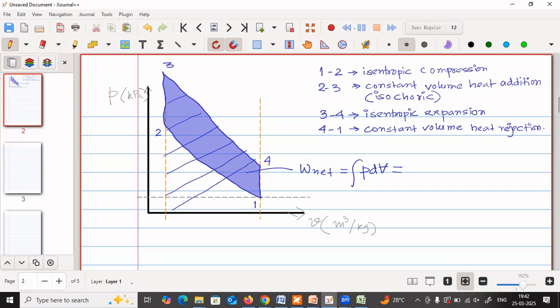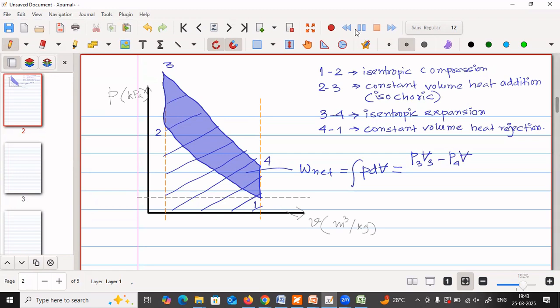And we know that this full shaded area is equal to P3 V3. I can write in terms of the total work, or I can write in terms of the specific work. So here I am writing total work.